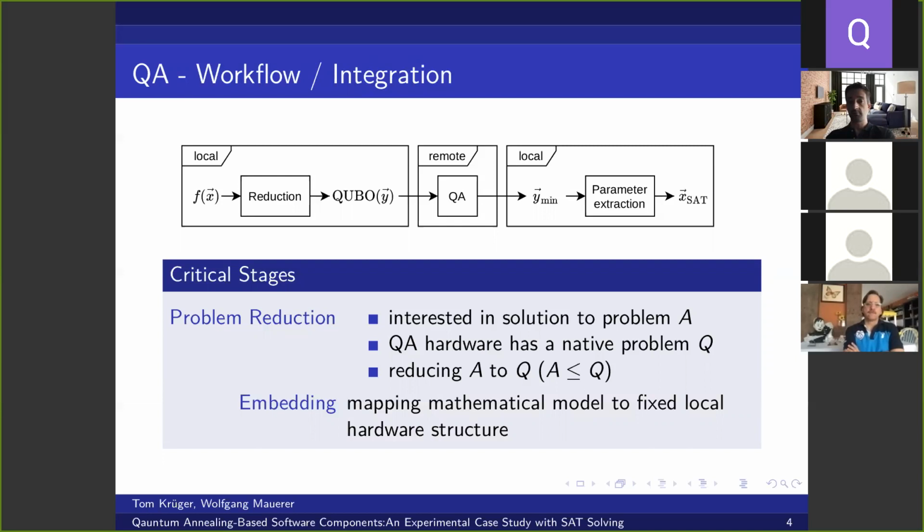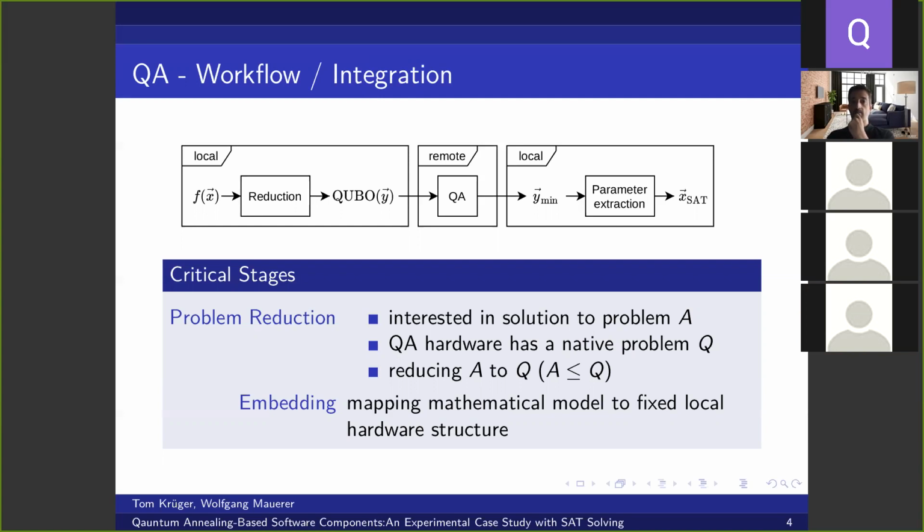So this whole process and integration is quite similar to classical optimization solvers or constraint solvers like simulated annealing, which means that from an interface viewpoint, it's quite straightforward to replace these classical constraint solvers with quantum annealing solvers.